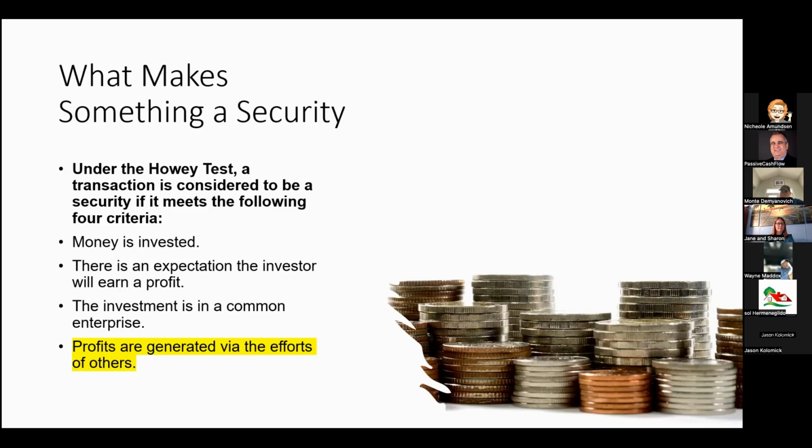Some of the investors didn't make money, and it ended up going through the courts and finally to the Supreme Court. So there are these four tests that are used to determine if something is a security or not.